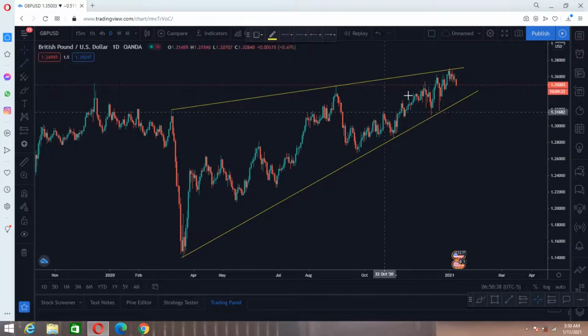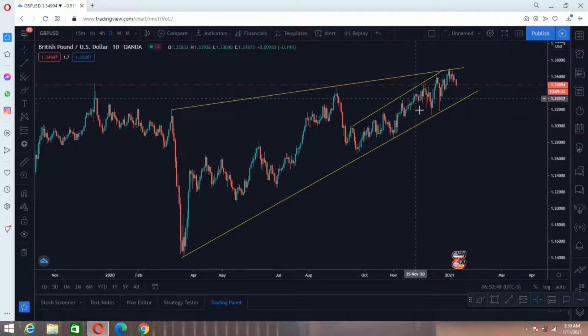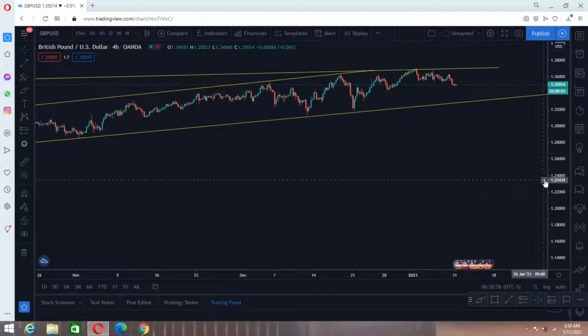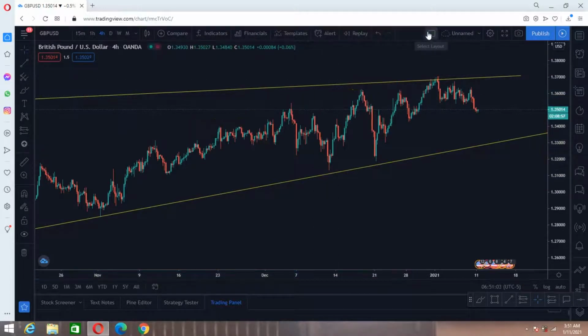I'll just move down to smaller time frames and show you more of what I have on GBP USD. As you can see, this is another reversal pattern inside the reversal pattern. So let me just go down to the 4 hour. Let me just remove this one here because it will confuse you.